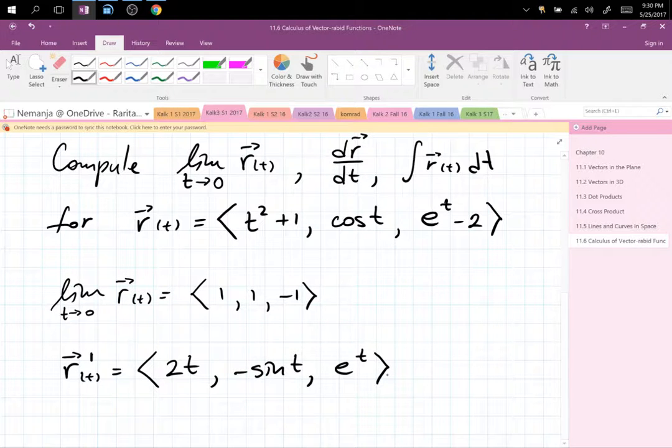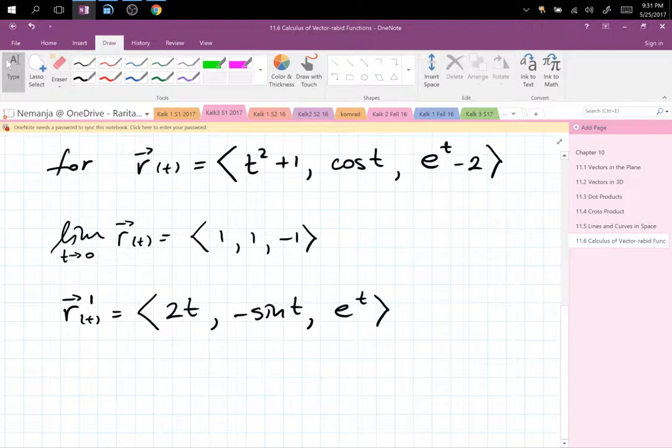I could say find the derivative at t equals something, like t equals 0. That would be an additional step for you to compute the actual vector. So this is just the derivative vector.